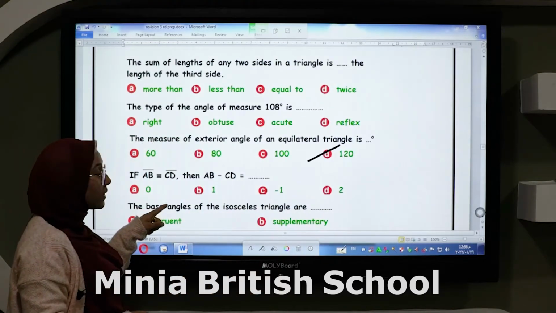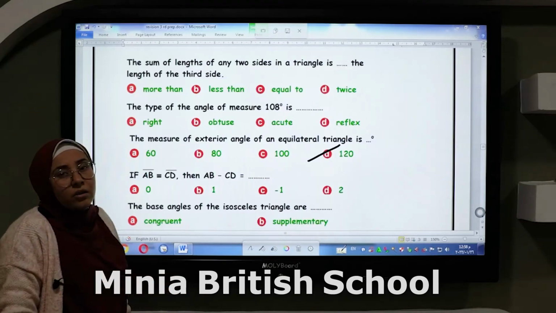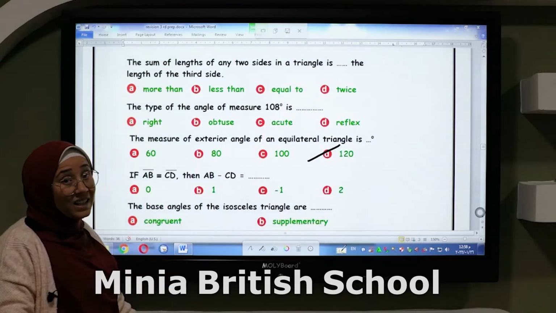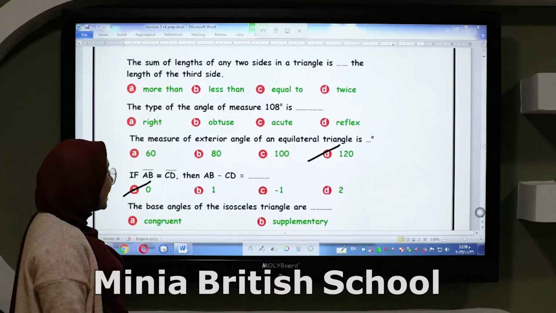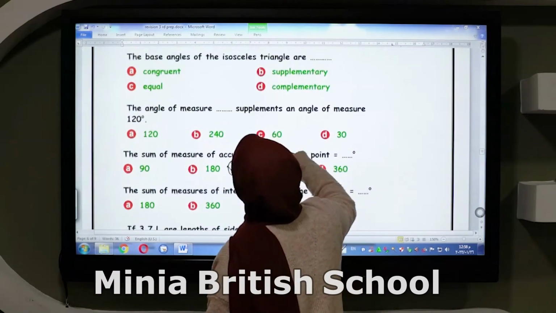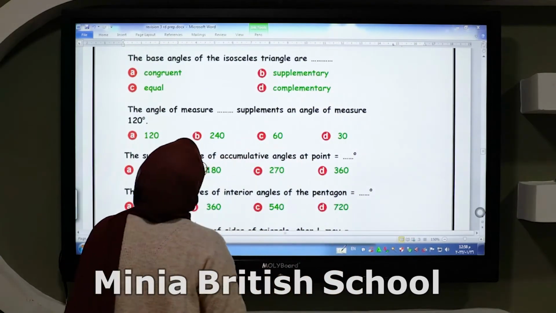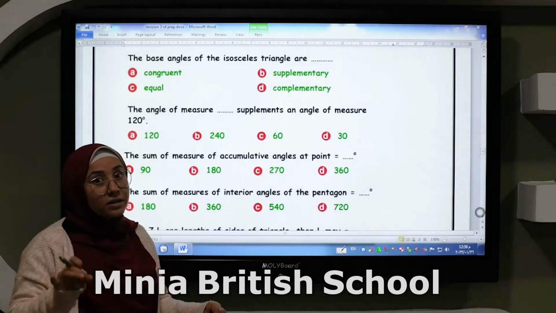AB congruent with CD. Then AB minus CD equals 0. Congruent means equal in lengths, so AB minus CD equals 0. The base angles of an isosceles triangle are congruent. Congruent, it's a theorem, okay?